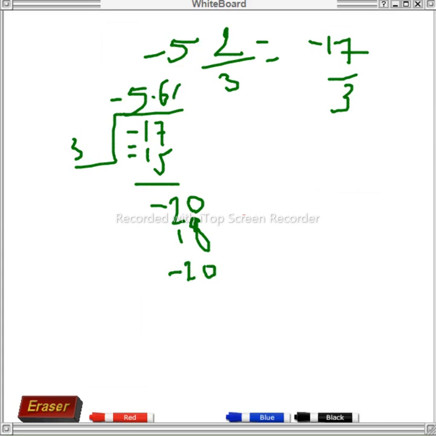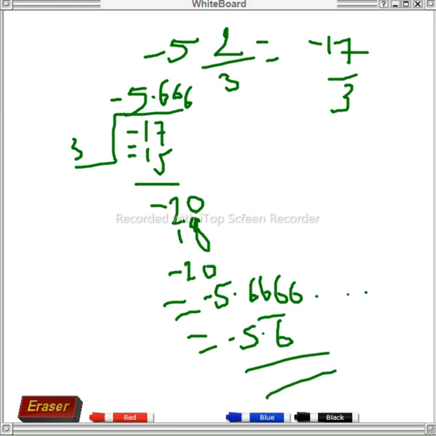It will continue like this, 6, 6, 6. So our answer will be minus 5.666. The 6 repeats without stopping, so we rewrite this number as minus 5 dot 6 with a top bar. So this is our answer.